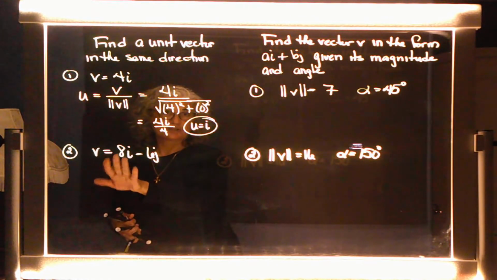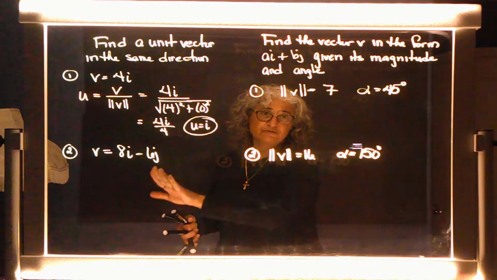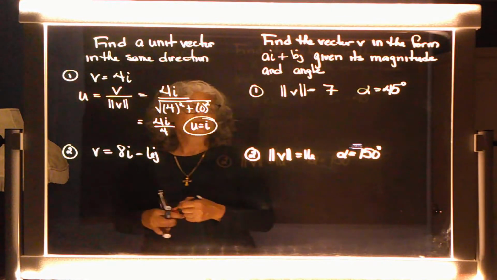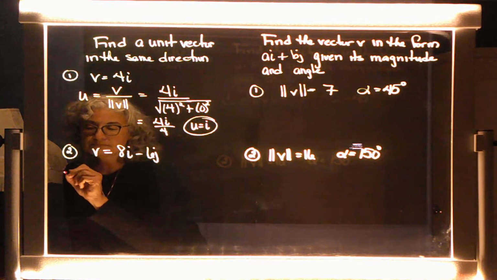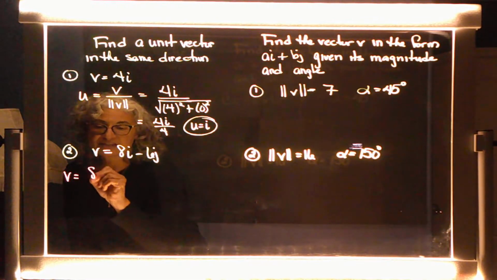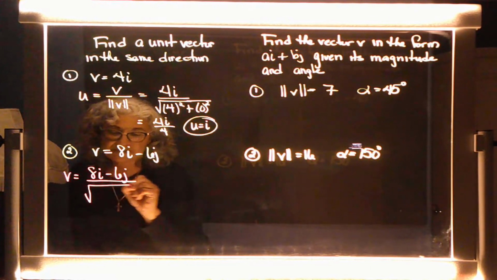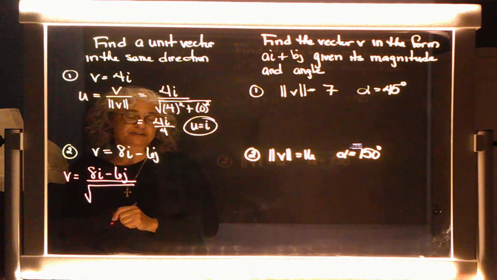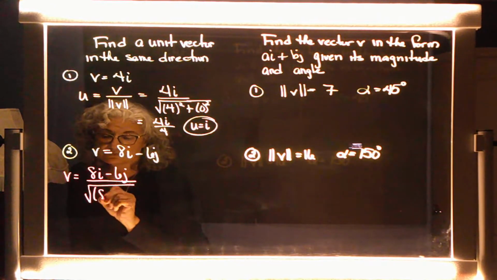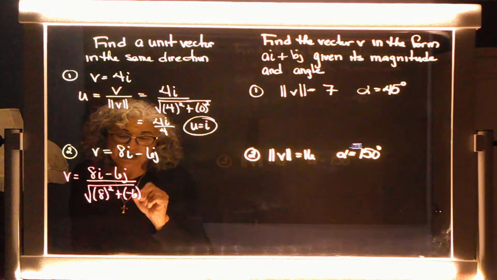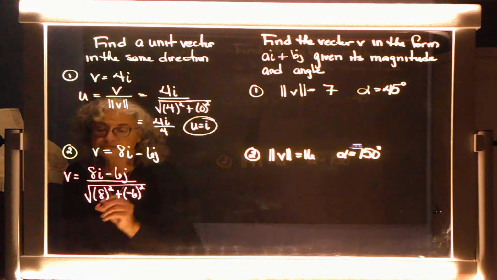Let's look at the second one. Same directions. Find the unit vector in the same direction as v. So, to take care of this one, same thing. I'm going to have to take the original vector v, and I'm going to have to divide it by its magnitude, because that's the formula. Well, this one has both i and j as non-zero.